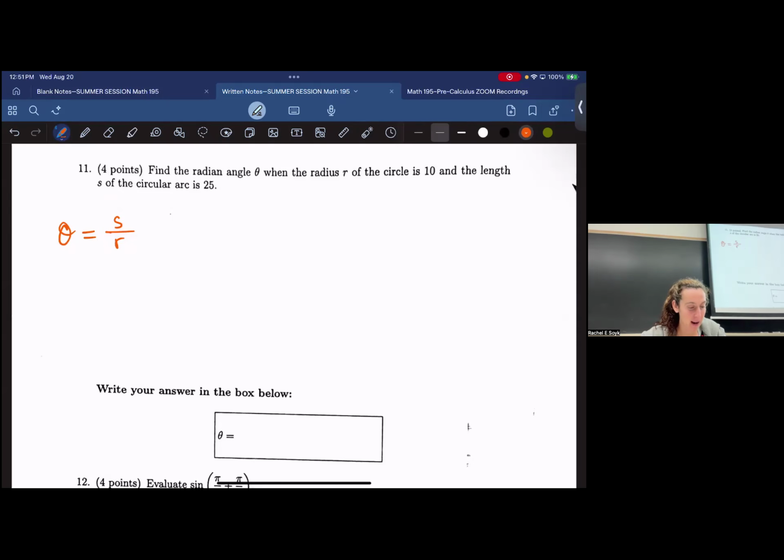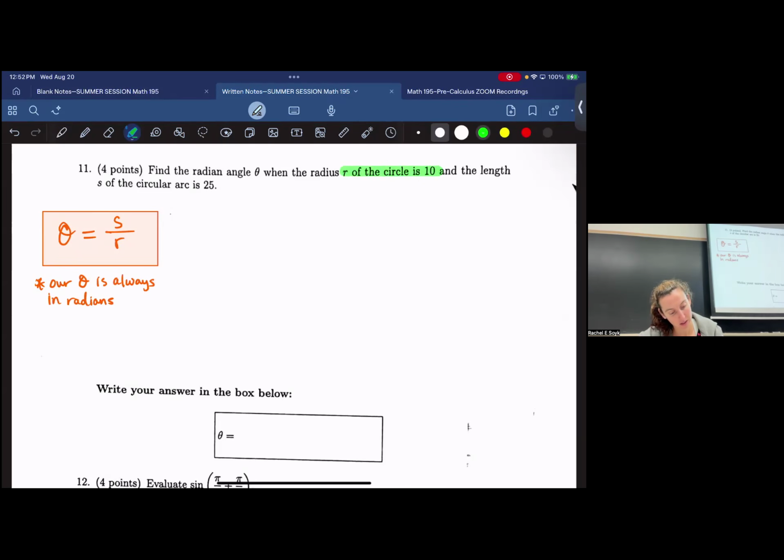Thing you have to keep in mind is theta is always in radians in this formula. And so let's just plug in.